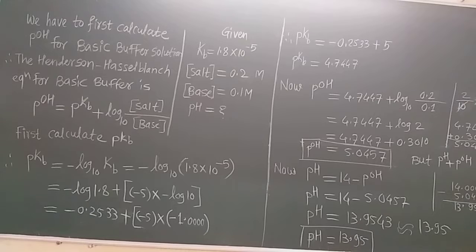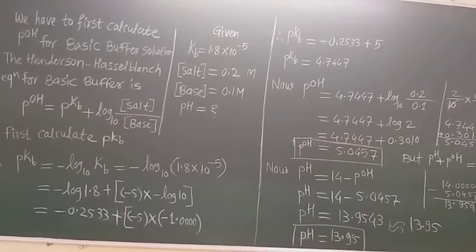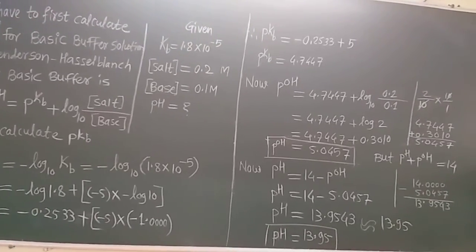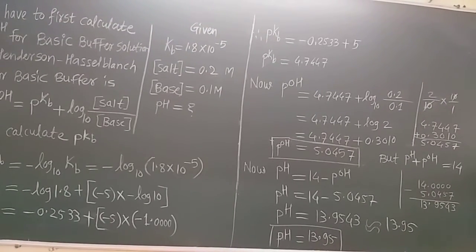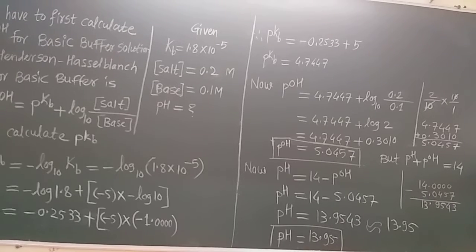So pKb is equal to minus 0.2533 plus 5. Now here we have the value of pKb after subtracting this 0.2533 from 5.